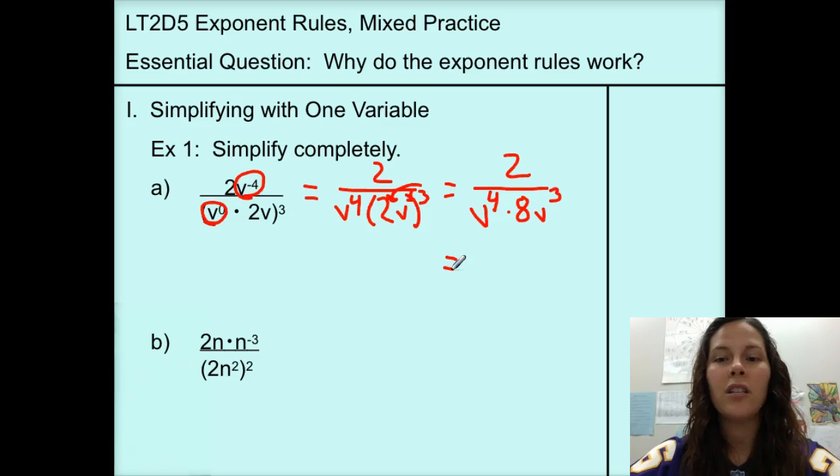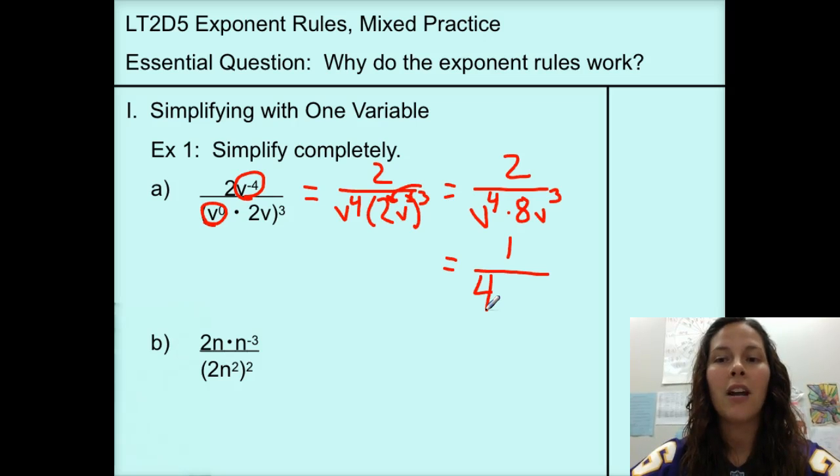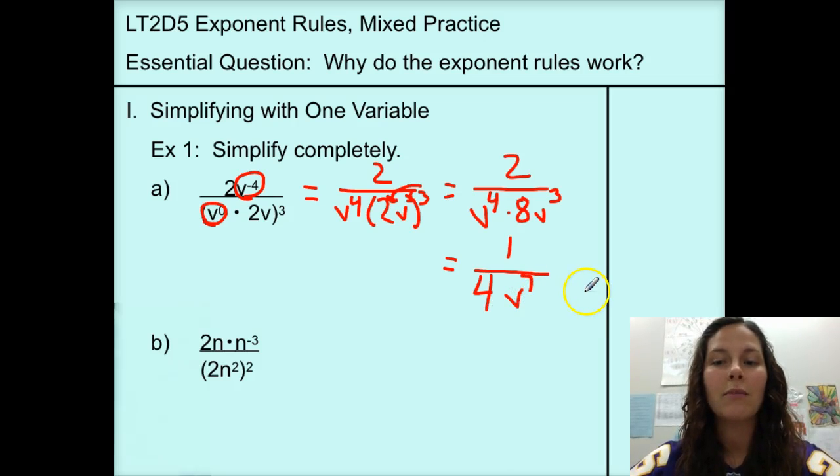Simplifying my fraction, 2 over 8 becomes 1 over 4. And in the denominator, I have multiplication. V to the 4th times v cubed means I add the exponents. Again, think about expanding them. You have 4 v's being multiplied together times another 3 v's for a total of 7 v's.